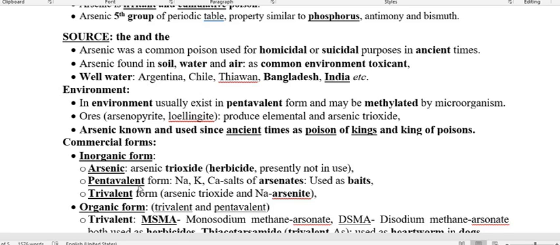This is very important. Second, both the pentavalent and trivalent forms exist as inorganic as well as organic forms of arsenic. This is an important point.